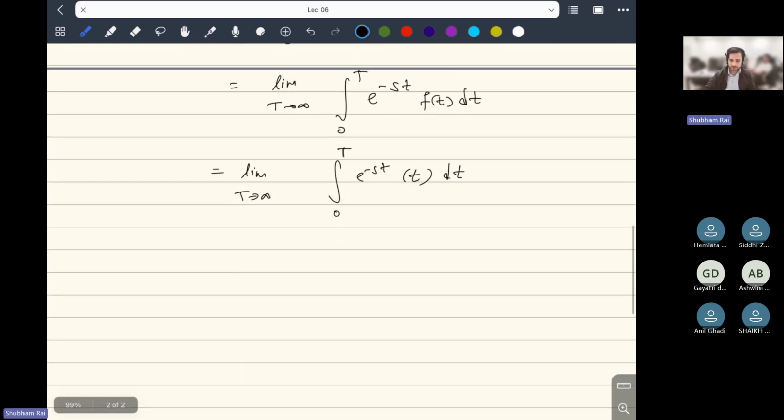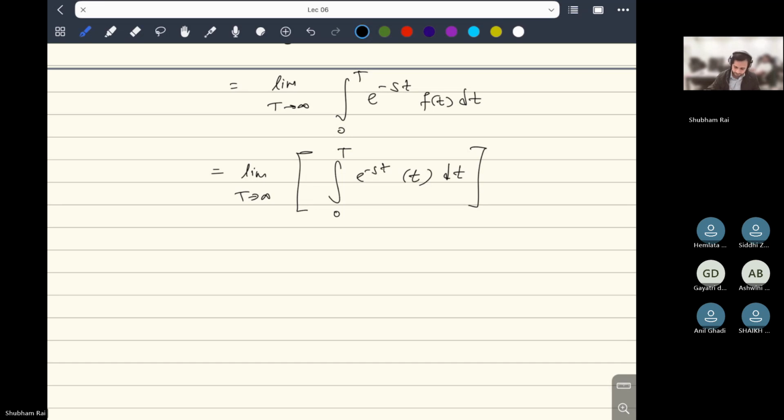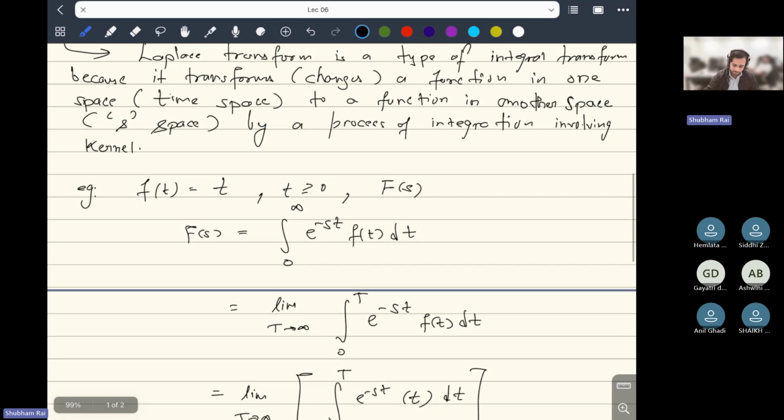Solve and tell me the answer. Can you solve this? You only have to solve this integral lying in this square bracket. Yeah, please solve this and tell me the answer. Or let's take a more simple problem.